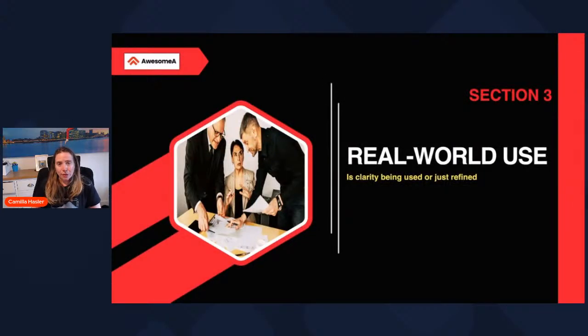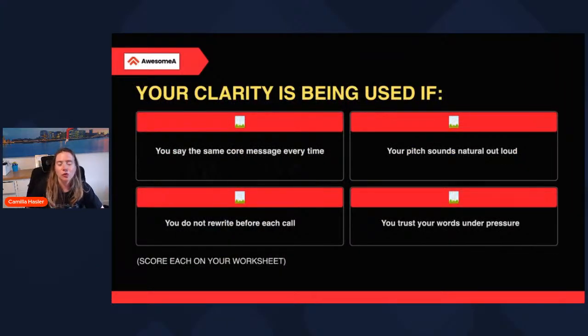If we consider a real world use case, is clarity being used or just refined? Let's look at a real example of this, because I'm going to try to illustrate how this works and how this looks. Your clarity is working if, when you say your core message around what you do, you say the same message every single time, so there's a real consistency in how you position what you do.